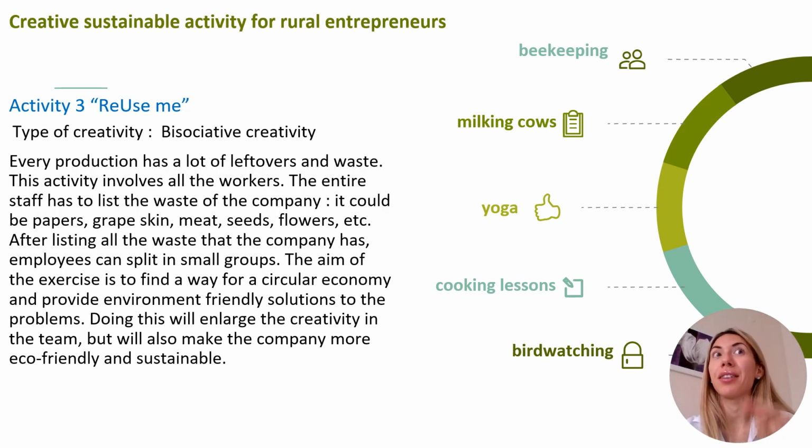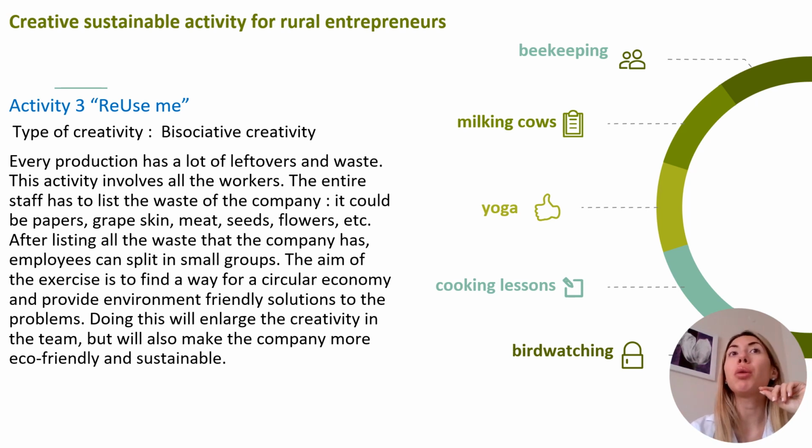Let's have a look at the third activity that we will present you today. It's called Reuse Me. Every production has a lot of leftovers and waste. This activity involves all the workers. The entire staff has to list the waste of the company. It could be papers, grape skin, meat, seeds, flowers, whatever you want.